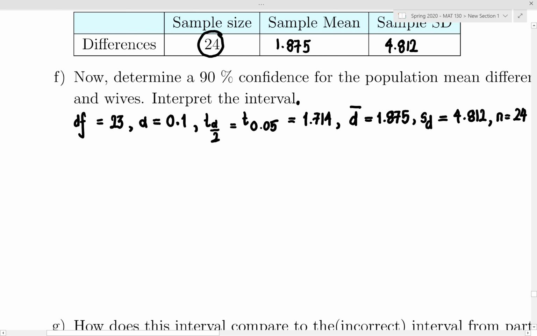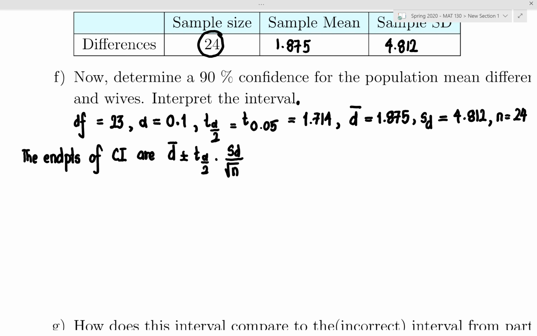And if you go back, this is all the information we need to find the confidence interval. So the endpoints of our confidence interval are, and let me just write down the formula once, d bar plus or minus t alpha over 2 times the standard deviation divided by square root of n. Right, so that's the endpoint for the confidence interval for a one mean t-test.